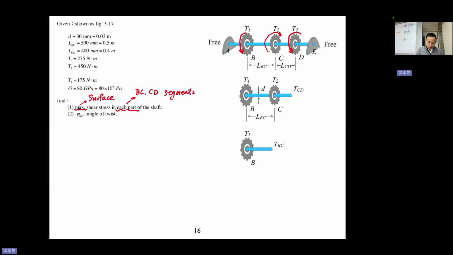Right, so again, we are going to determine the maximal shear stress, which is tau equal to TR over IP, and it will be 16T over pi d cubed.